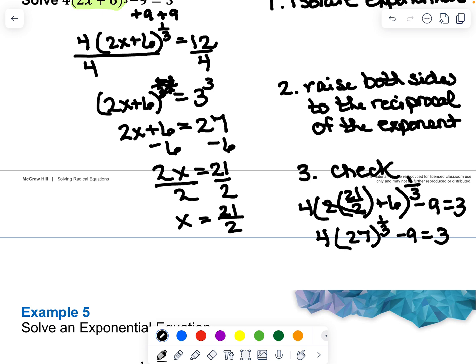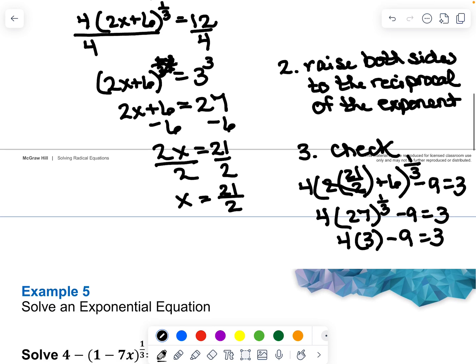And then we do our parentheses, now we do our exponent. The 27 raised to the 1/3 is the same thing as the cube root of 27, which is 3. 4 times 3 is 12. 12 minus 9 is 3. So that one checks.